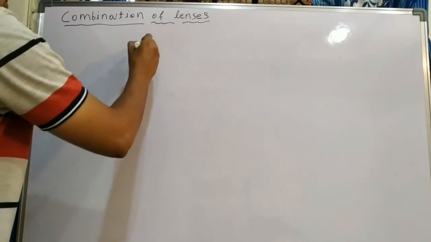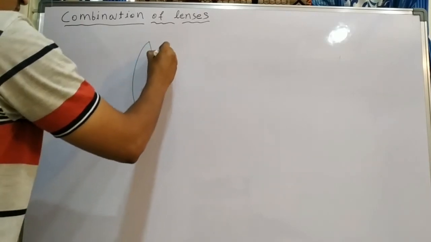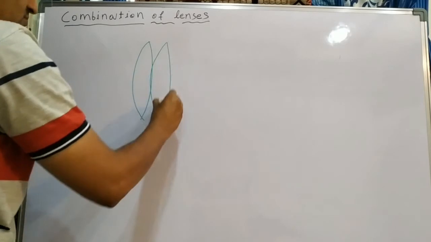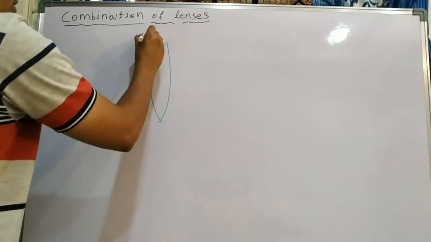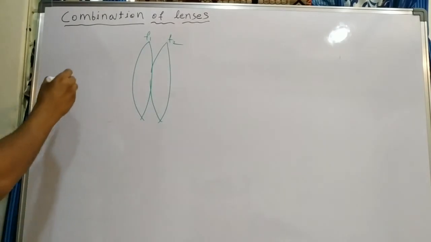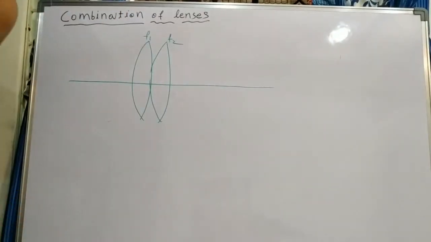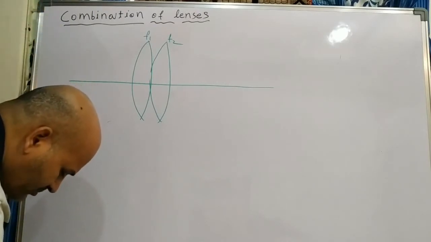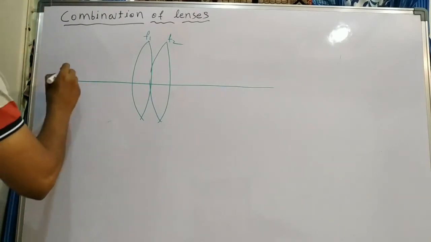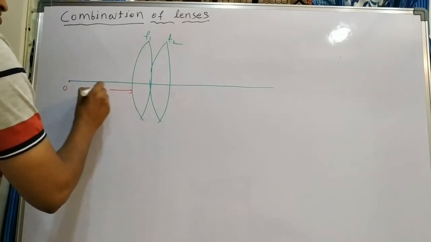Now we'll see the combination of lenses. Suppose you take two lenses in contact. The focal length of the first lens is f1 and the focal length of the second lens is f2. This is a common principal axis for both lenses, and initially the object is at a particular distance, u, from the lens.